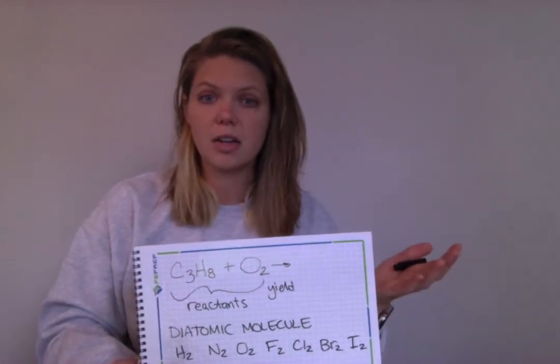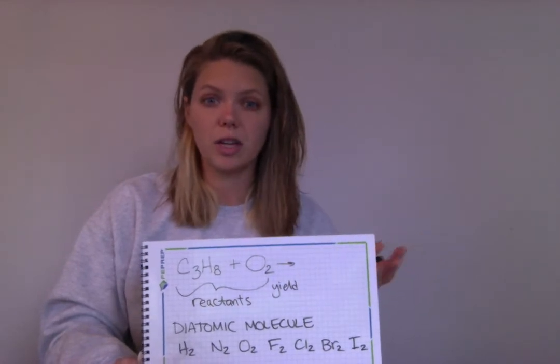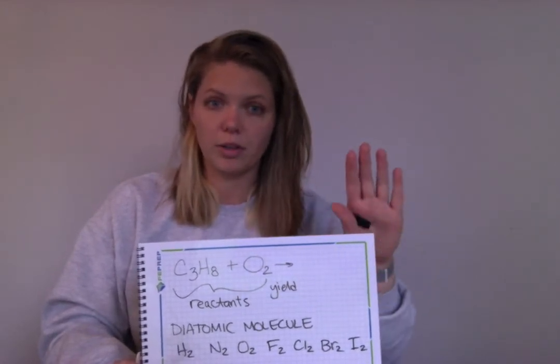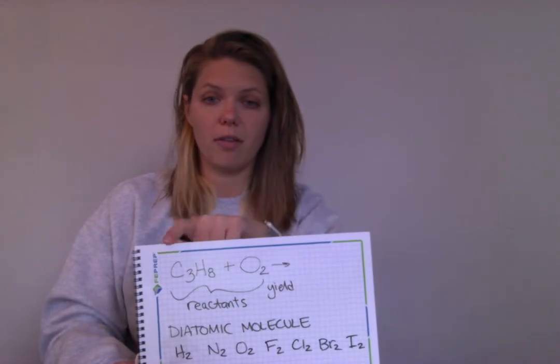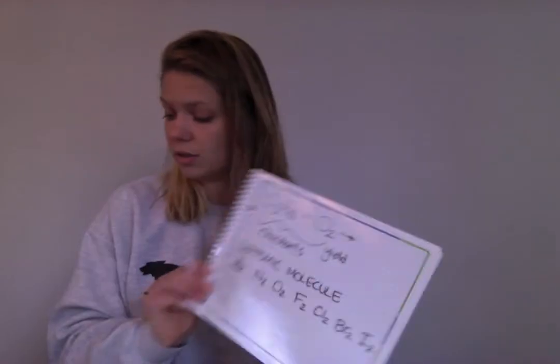It just means the products you're going to yield, not yield like in traffic where you slow down. So we have our 2 reactants, yields. Our products are carbon dioxide, which we know is CO2, and water, which is H2O. And what do we call the right side of our arrow? Those are our products.